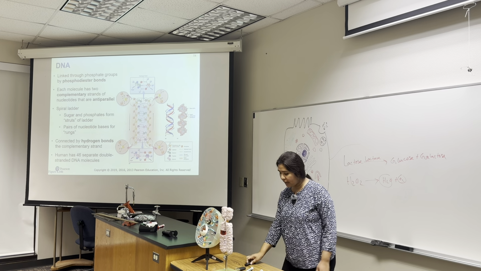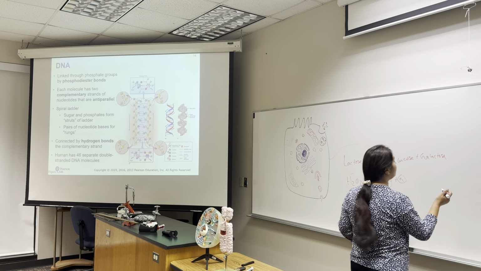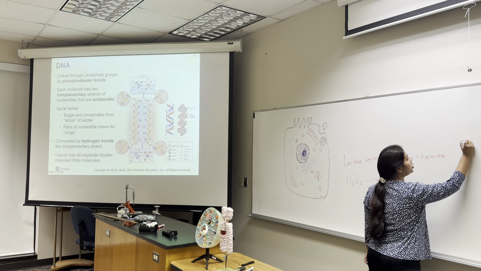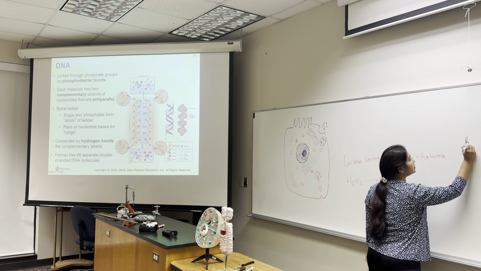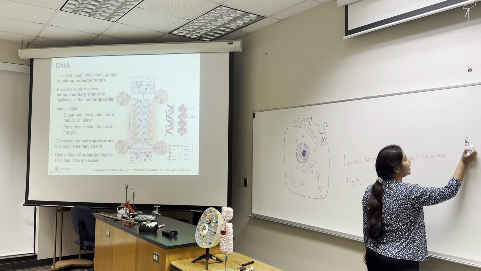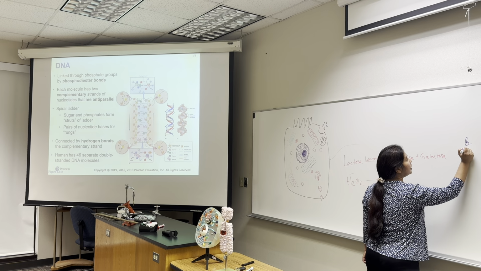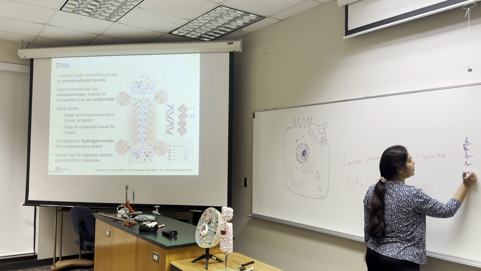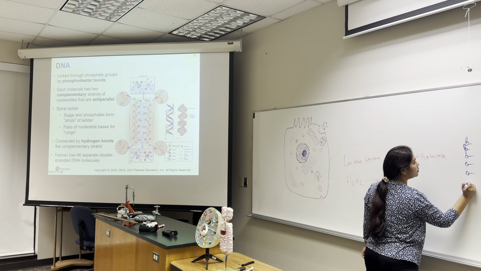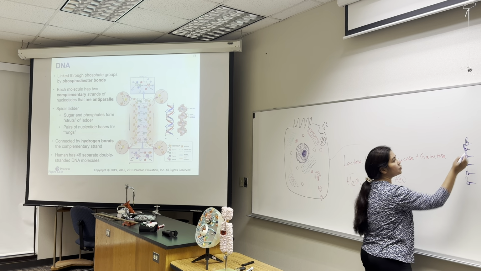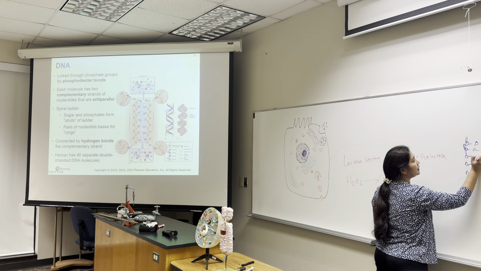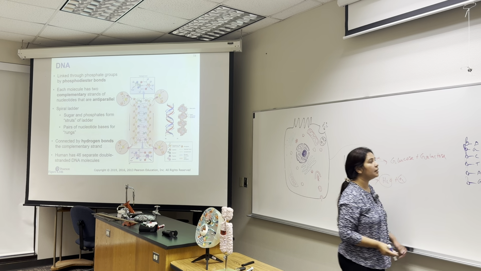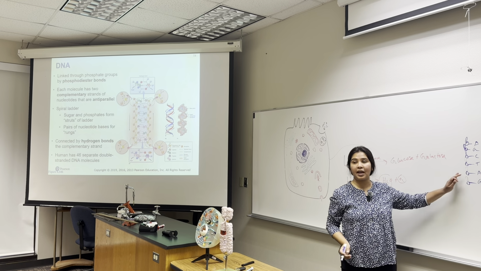If I draw the DNA: sugar, phosphate, base, sugar, phosphate, base, and so on. The base could be adenine, guanine, cytosine, or thymine. This is your one strand.